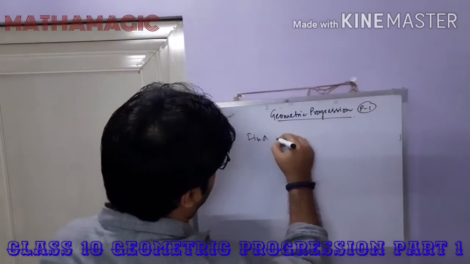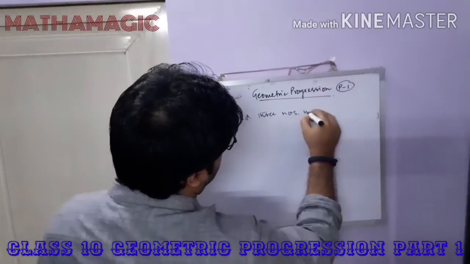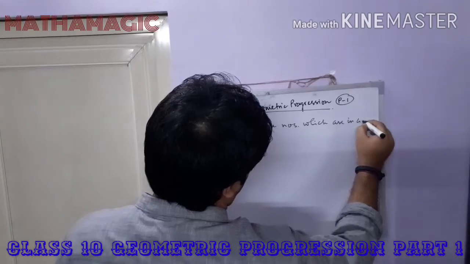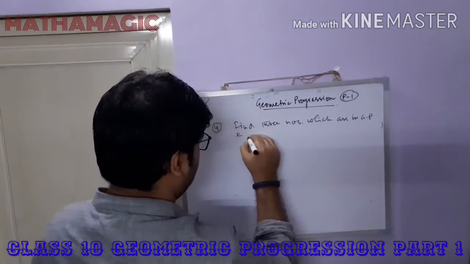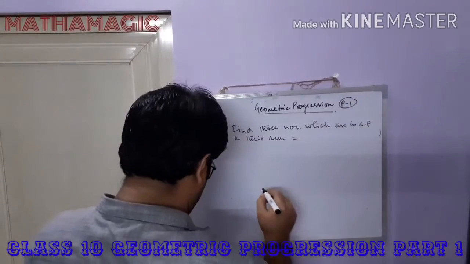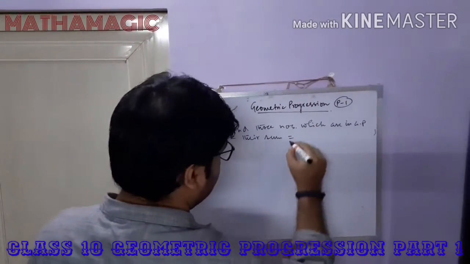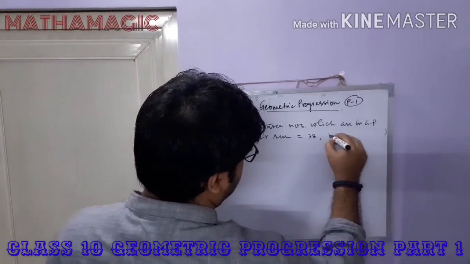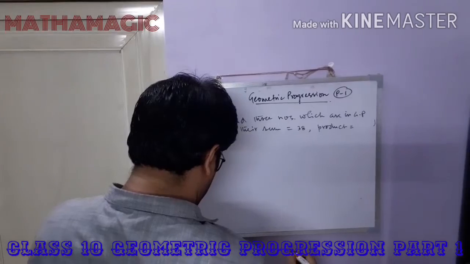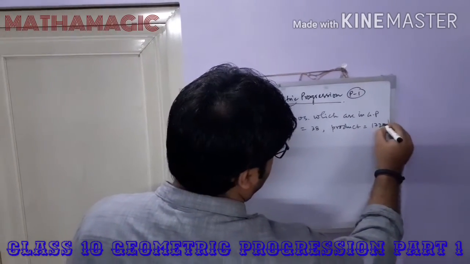The question states: find three numbers which are in GP and whose sum is equal to 38 and whose product is equal to 1728.